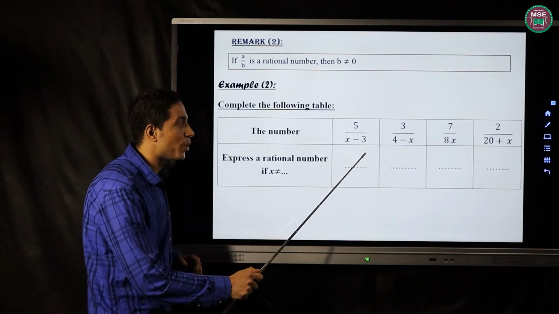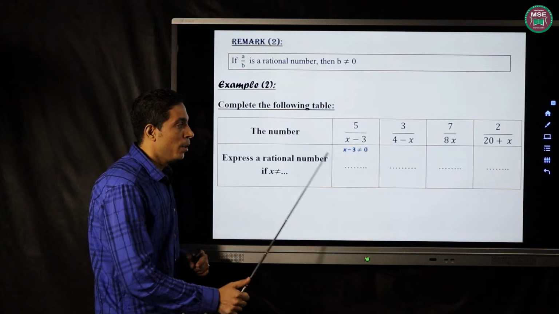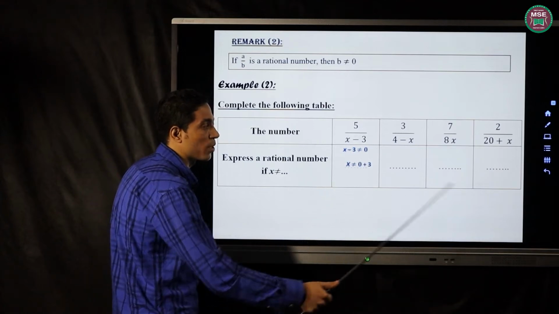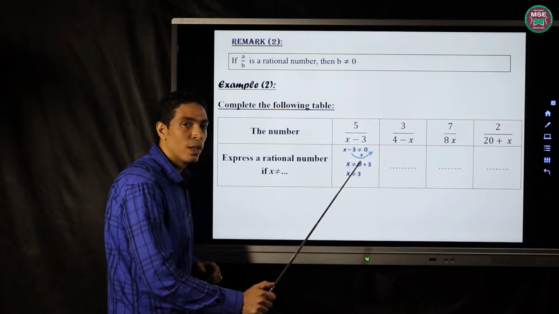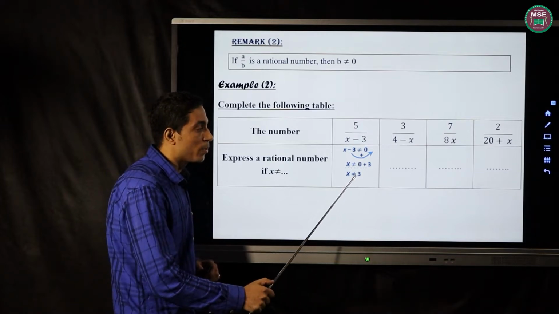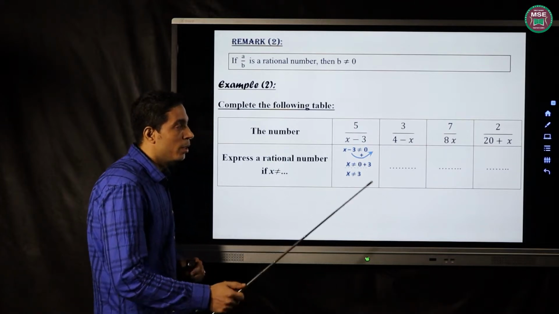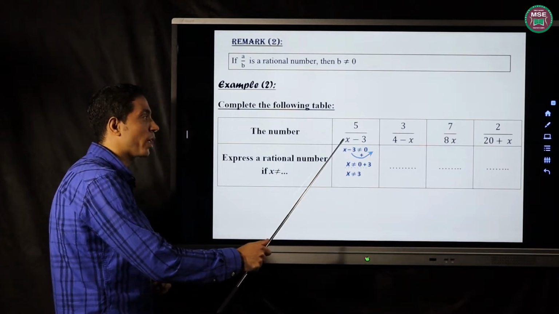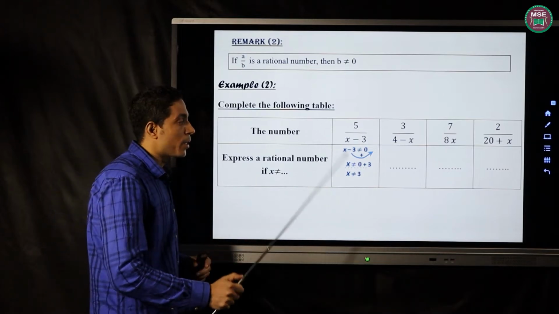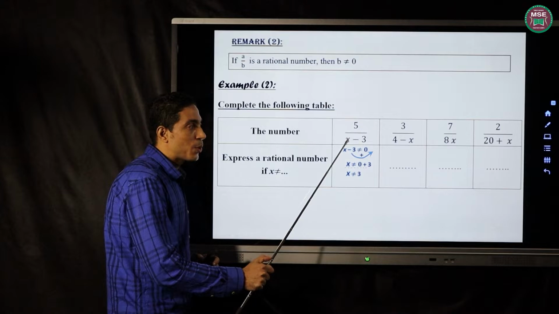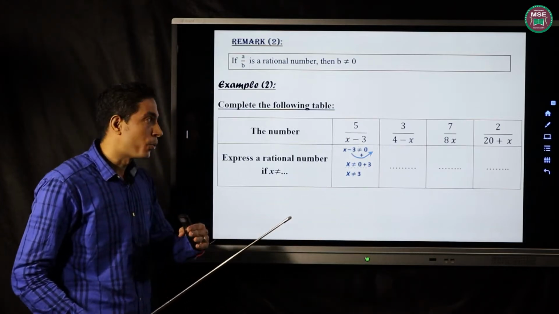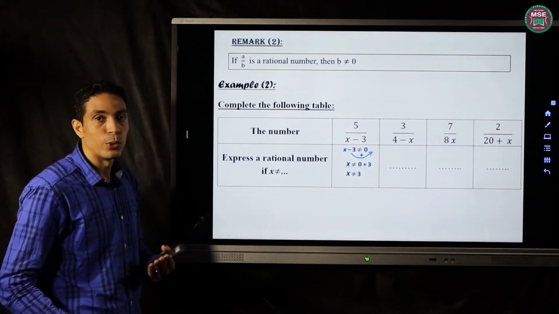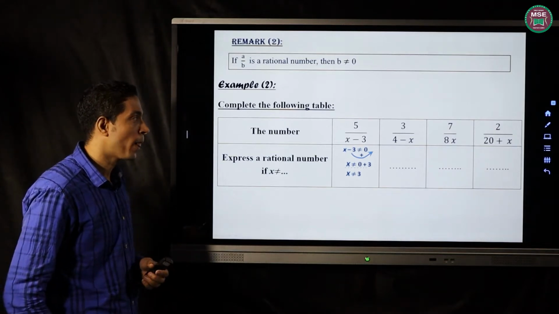Then x minus 3 must be not equal 0. Negative 3 will go to the other side with a positive sign. Then x must be not equal 0 plus 3, which equals 3. Then we can write any number for x except the number 3, because 3 minus 3 will equal 0 and we can't have any number over 0 because it's meaningless.